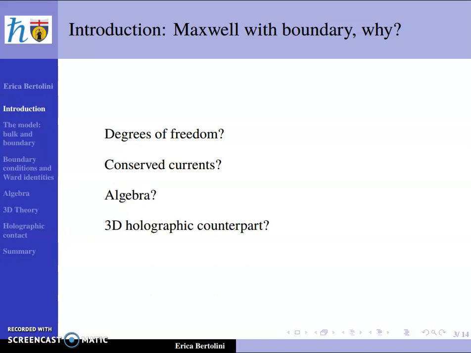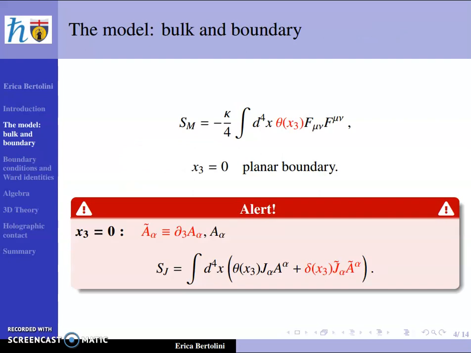And now let's start. The introduction of the boundary is done by including a theta term, a Heaviside step function, inside the action. In this case, the role of the boundary is played by x3 equals 0, so we have a planar boundary, and the theory is confined in half space.